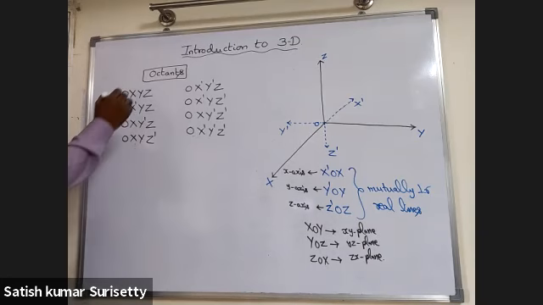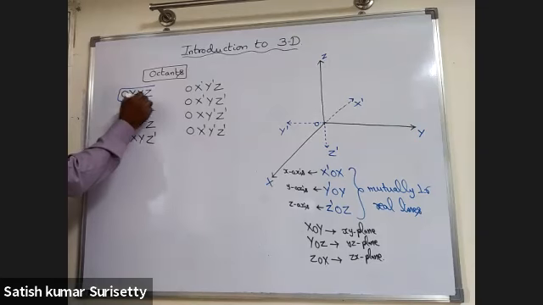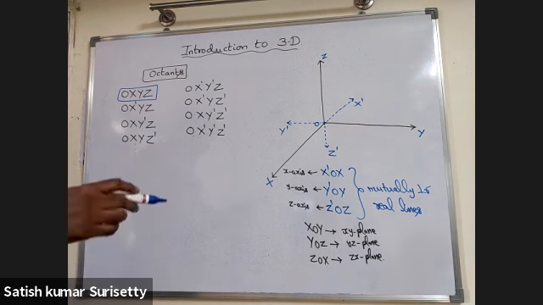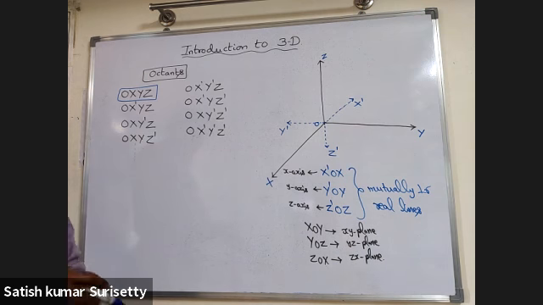The meaning of OXYZ is that it is formed with positive x-axis, positive y-axis, positive z-axis. That means if you consider the corner position of your room, and take one side as x-axis, y-axis and z-axis, they are three mutually perpendicular.